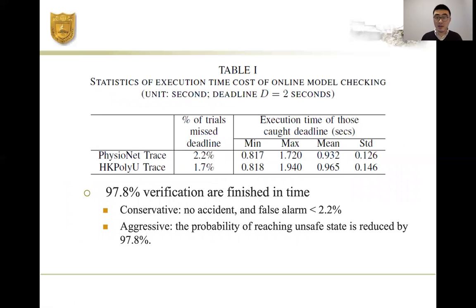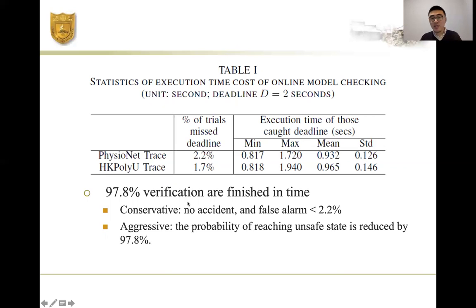And here's the data. On the PhysioNet trace, the number of missed deadlines is 2.2%. And for Hong Kong PolyU it is 1.7%. And we also have the execution time of those cut deadlines.